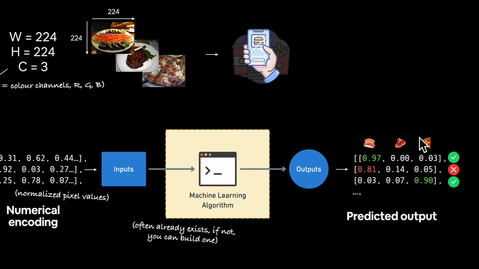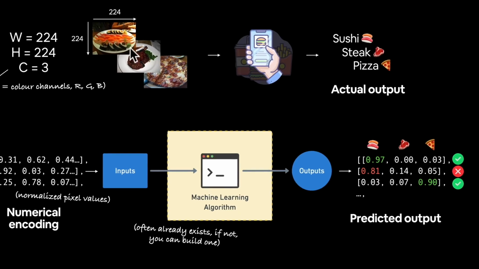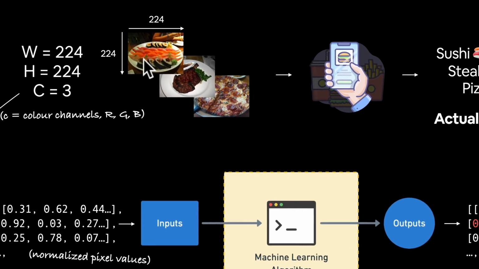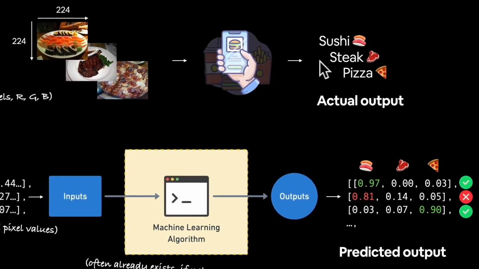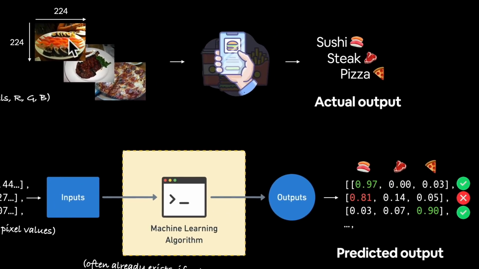Wonderful. Now, how does it generate these? Well, if we have a look, what are the actual outputs that we were looking for? In our case, we're building an application to classify different images of food. We take a photo of food, we run it through our machine learning algorithm, and then the ideal output for this photo is sushi, this photo is steak, and this photo is pizza.